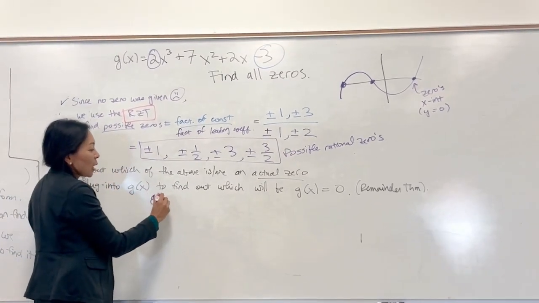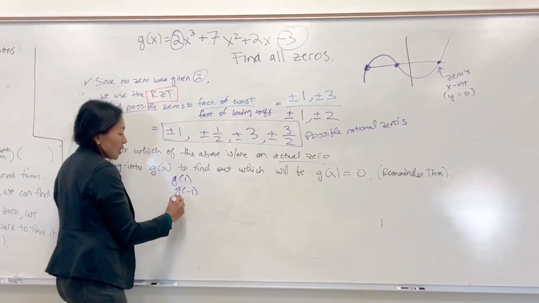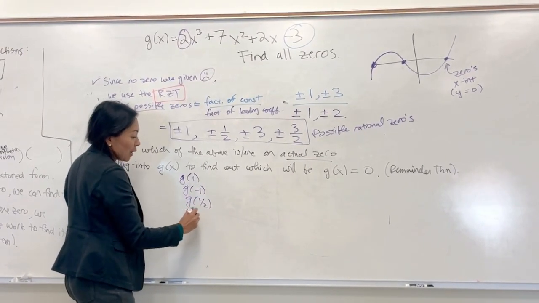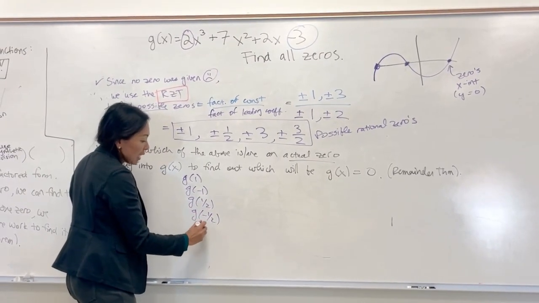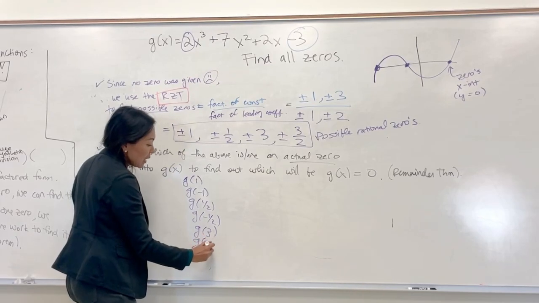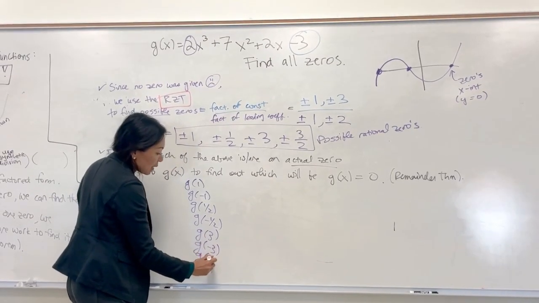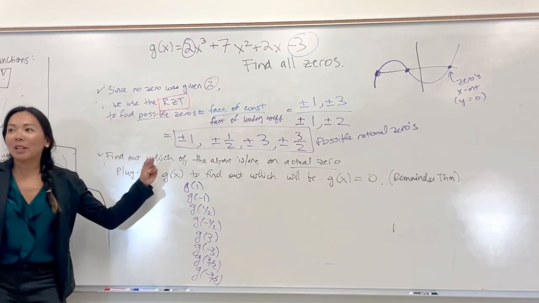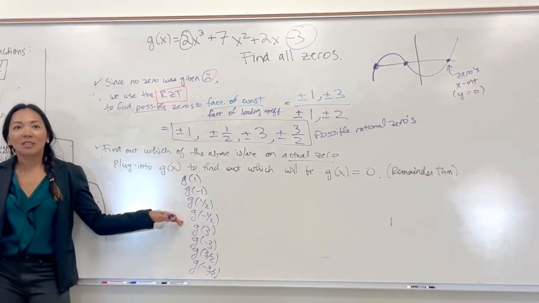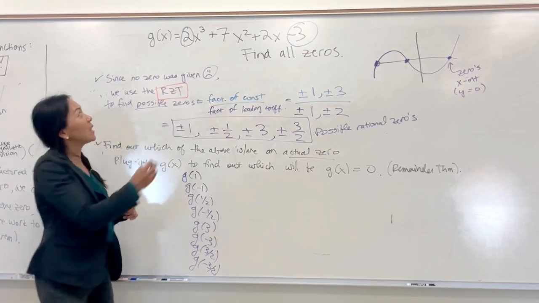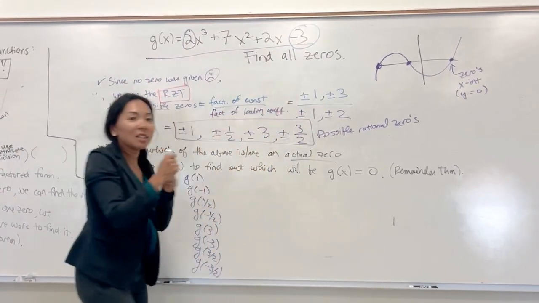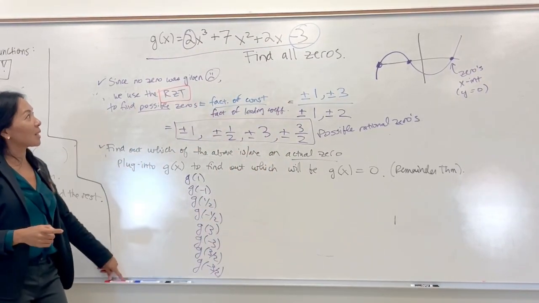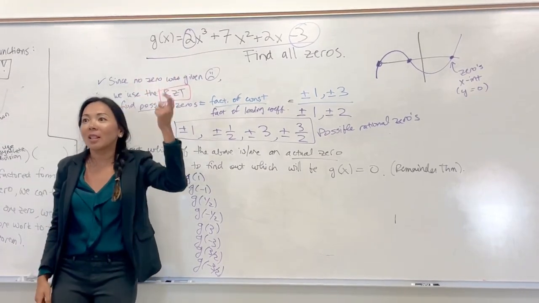So here we're going to plug in g of 1, g of negative 1, g of 1/2, g of negative 1/2, g of 3, g of negative 3, g of 3/2, and g of negative 3/2. Holy smokers, that's a lot. If we're lucky, we find the right one on the first try, right? So there is a fast and easy way of plugging this into your calculator, and I liked what Nam actually showed us on Tuesday, where you could cut and paste it, right?